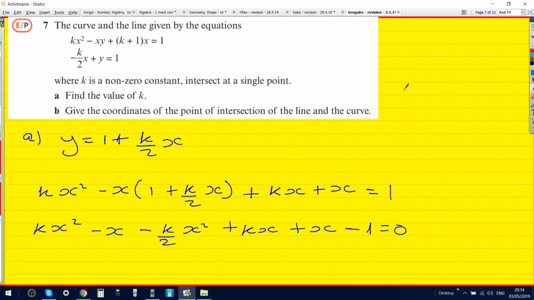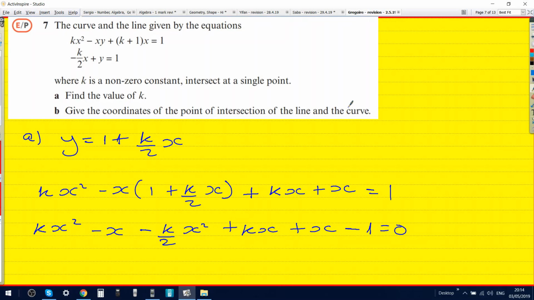Okay. What next? From here, you want to clear it up. So the x's cancel out, just the x by themselves. The kx squares, can they affect each other?